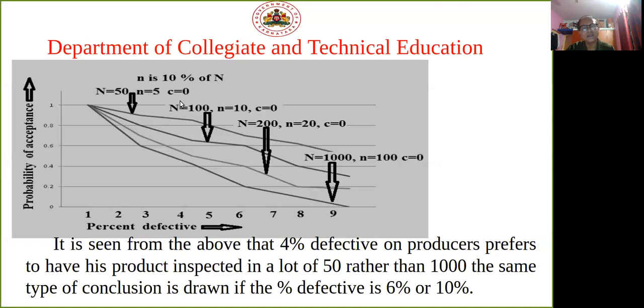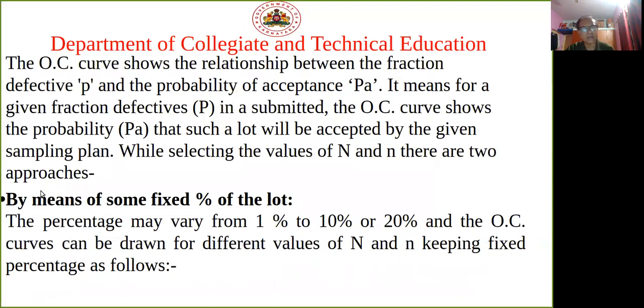But n is what? Though it is varying, n is 5, n is 10, n is 20, n is 100, and C is constant. Small n is varying, but it is a fixed percentage of the lot. So this is one way we can construct it, by means of some fixed percentage of the lot.